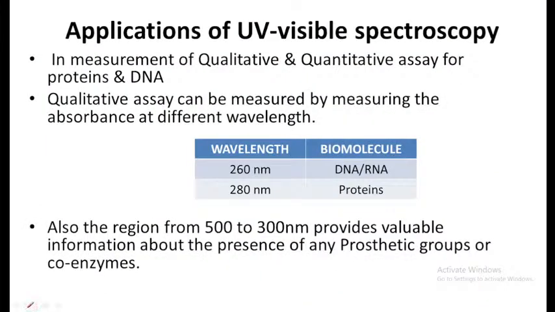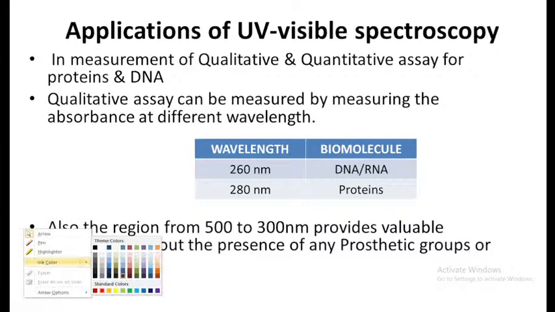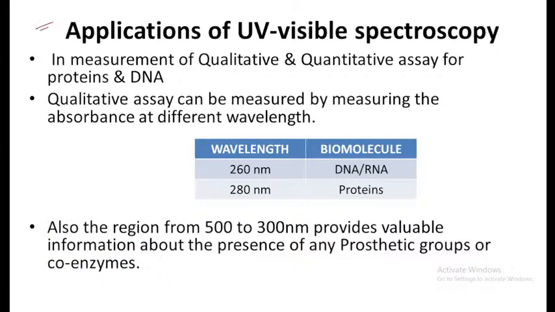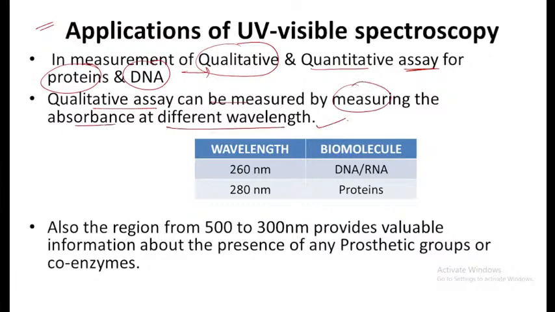Now talking about the applications of UV visible spectroscopy. It is used for the measurement of quantitative and qualitative assays for proteins and DNA. Quantitative assay can be done by measuring the absorbance at different wavelengths.